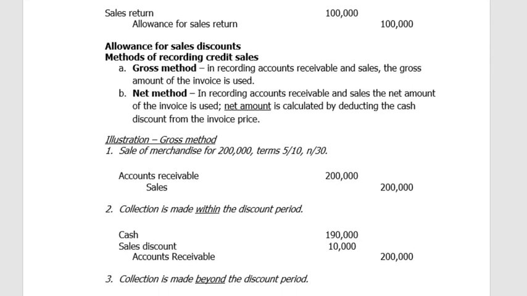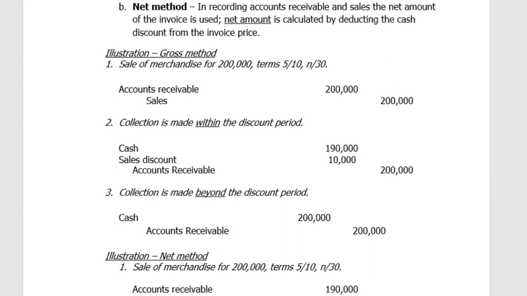Okay, let's illustrate the gross method. For example, the sale of merchandise for 200,000, terms 5/10, n/30. Ibig sabihin, 5% ang discount mo kung ikaw ay magbabayad within 10 days, at ang due date, ang total term mo ay 30 days.